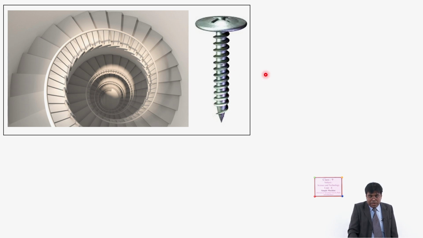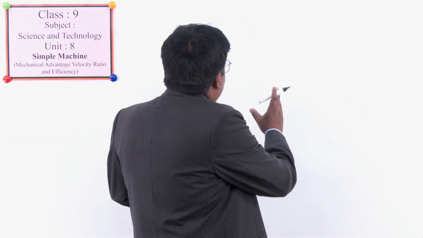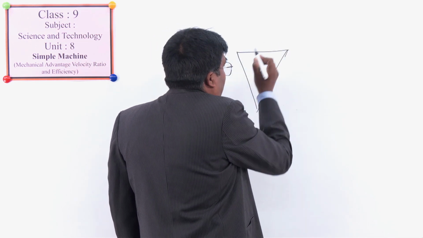In the same way, if you see the next one, yes, obviously this is an axe. So the axe wedge, you know that wedge, that is one end blunt, another end sharp. Suppose this is your axe.